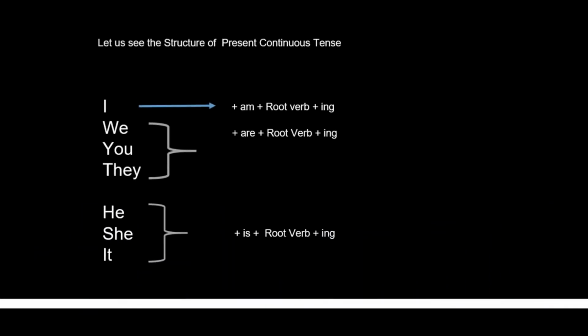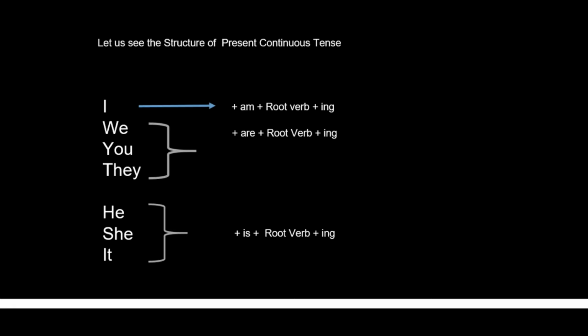Okay, let's see the structure of the present continuous tense. For the subject I, we have to add the auxiliary verb am plus the root verb or the main verb plus ing form. And for the subjects we, you, they, we have to add are plus root verb plus ing form.